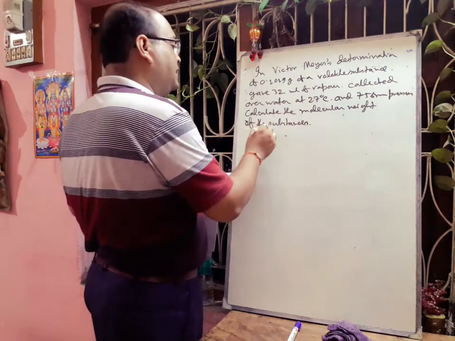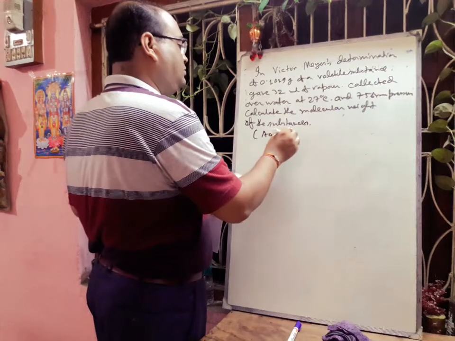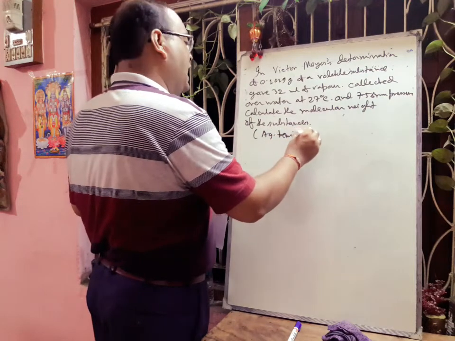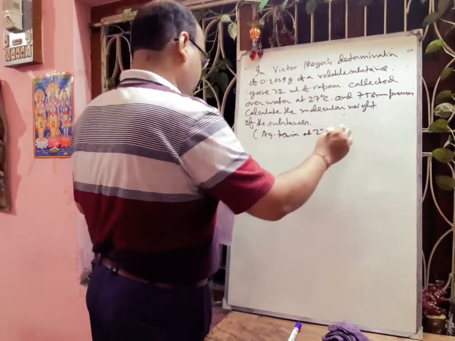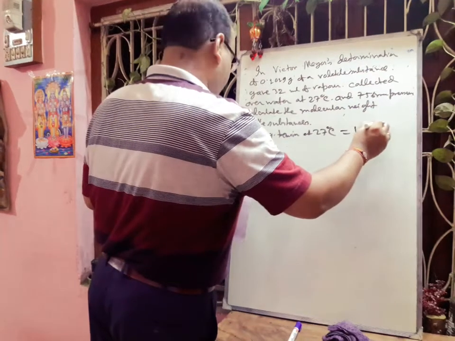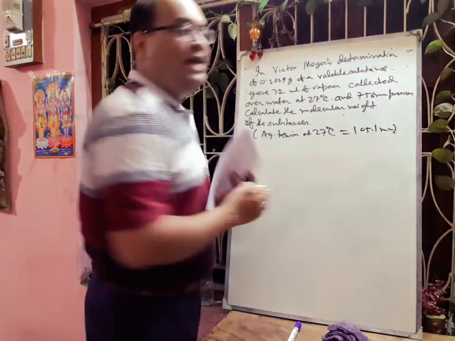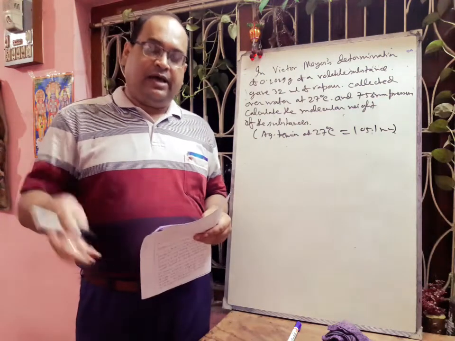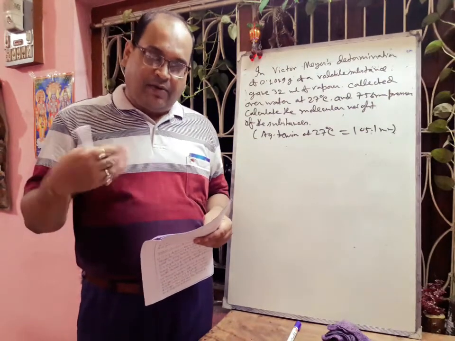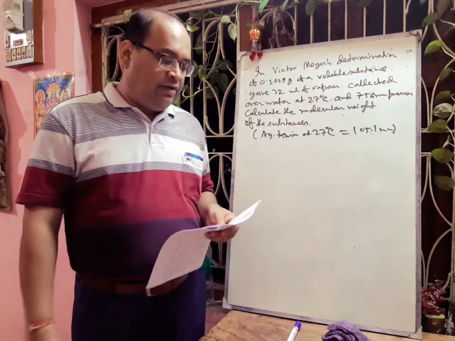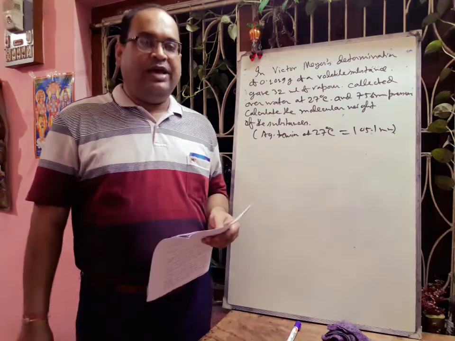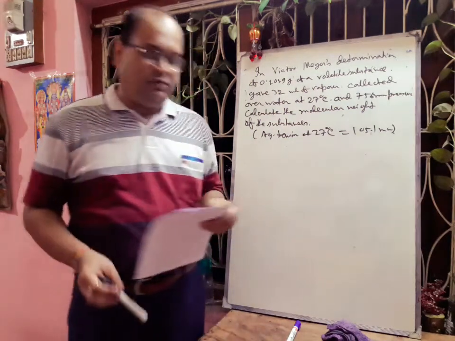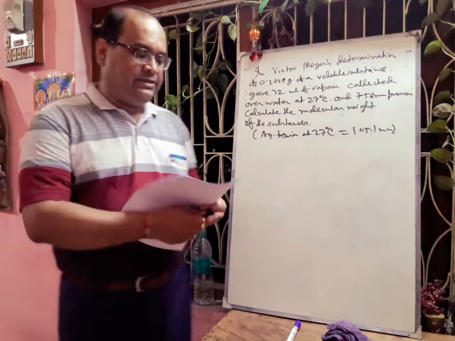Here it is given that aqueous tension at 27 degrees centigrade will be 105.1 mm. So here the gas is collected over water. Definitely in the gas there will be water vapor also. So during the calculation of pressure we have to subtract this aqueous tension to get the pressure of a dry gas.